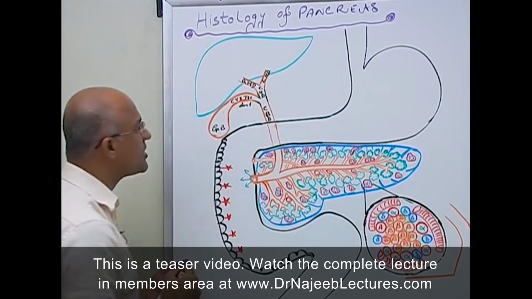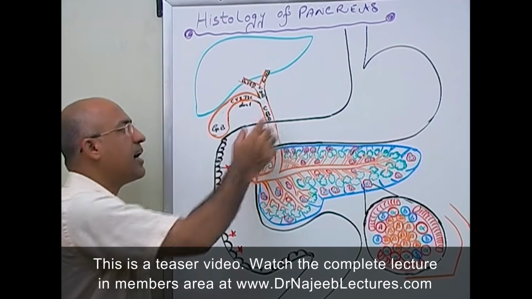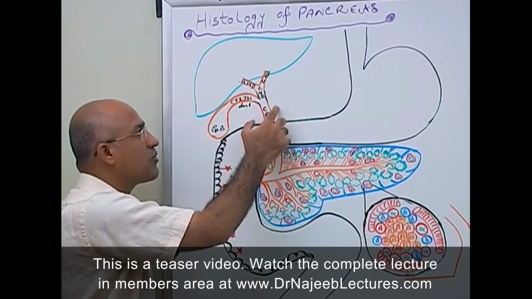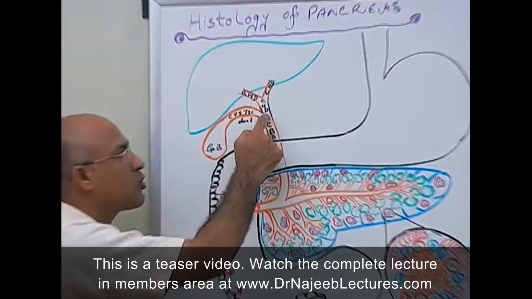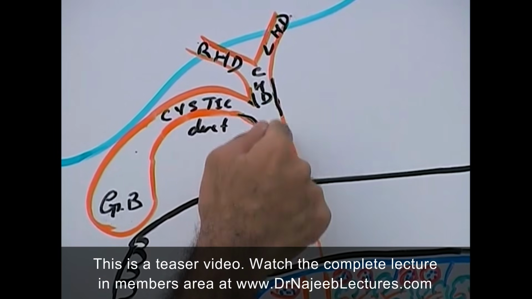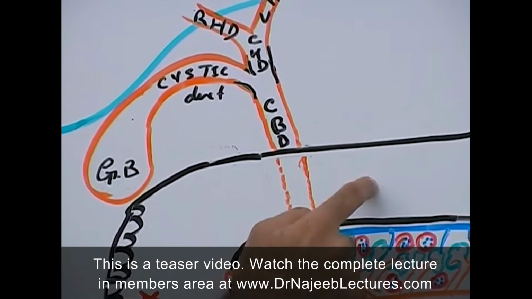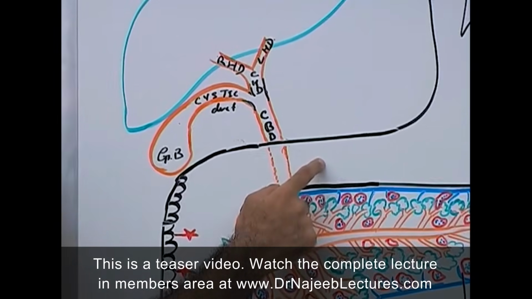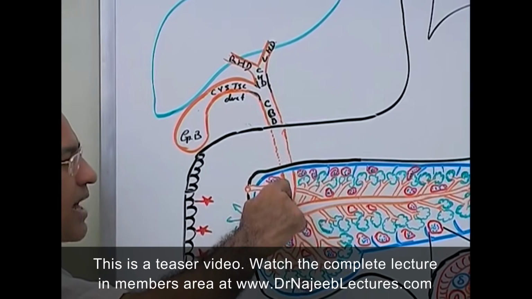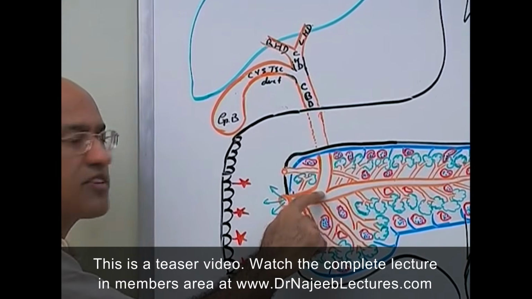Common bile duct, so it means that common bile duct is extending from the point where cystic duct fuses with the common hepatic duct, and common bile duct comes downward and it moves behind the first part of duodenum, and eventually it goes in the back of the pancreas and enters into pancreatic substance.